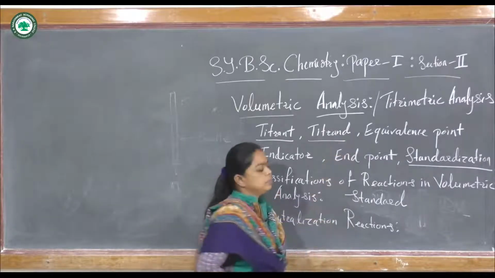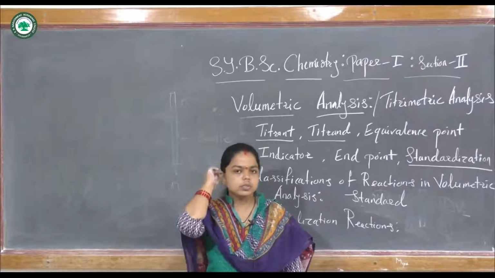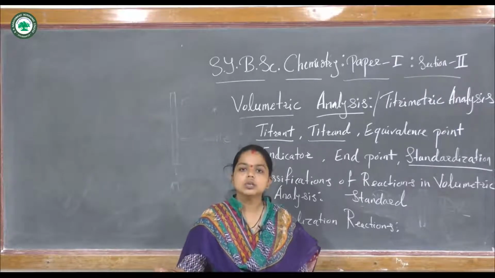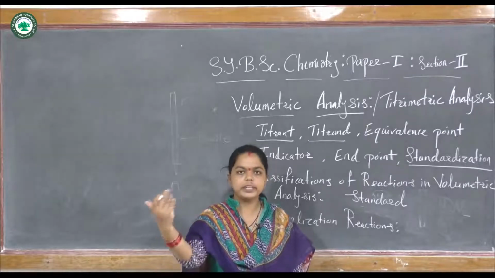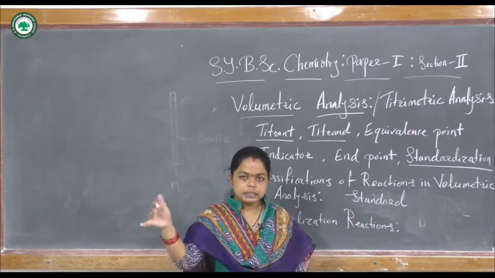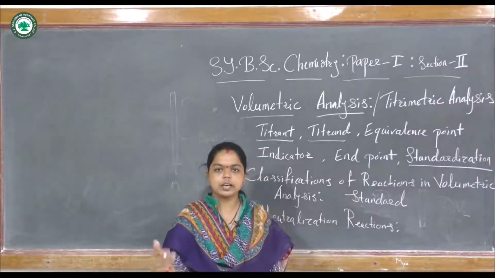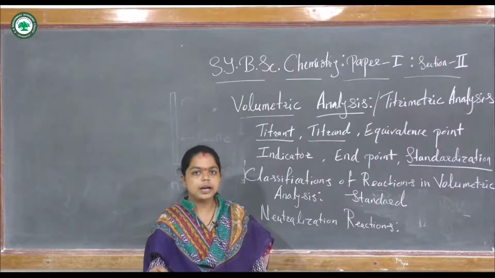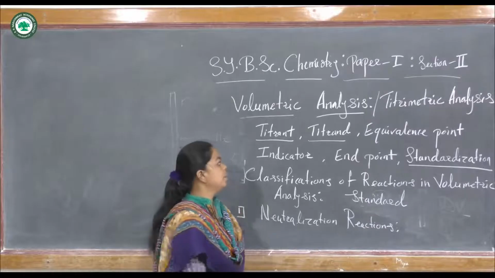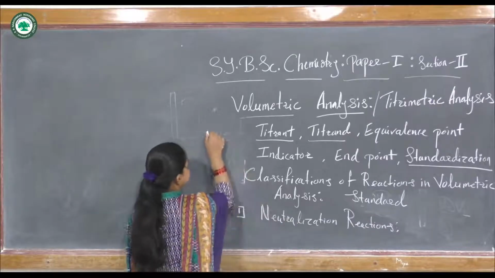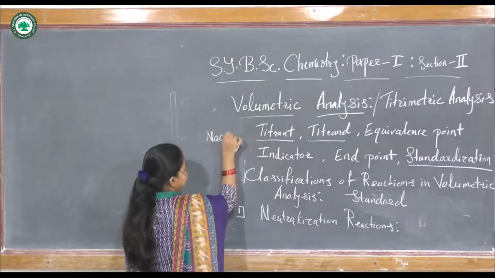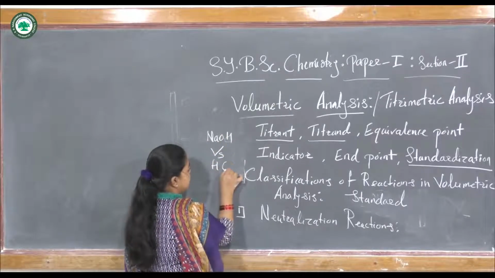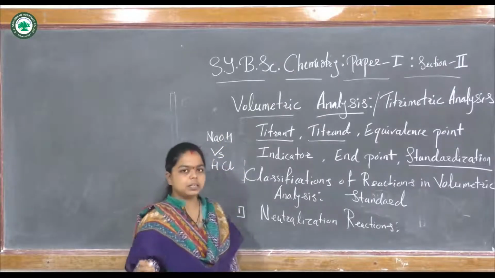Now the second term is the titrand. The titrand is the sample or the solution of the compound whose concentration is to be determined, and in titrimetric analysis it is taken in the conical flask. For example, we can consider the titration of acid versus base, for example NaOH versus HCl.